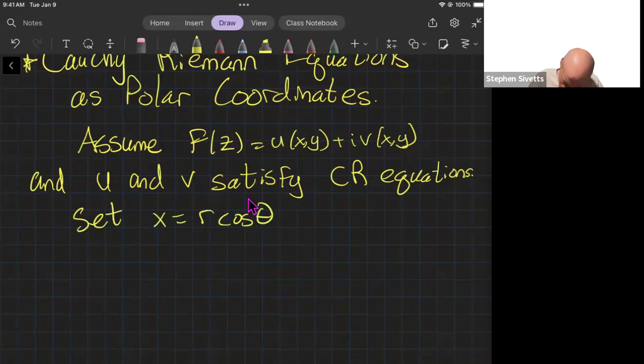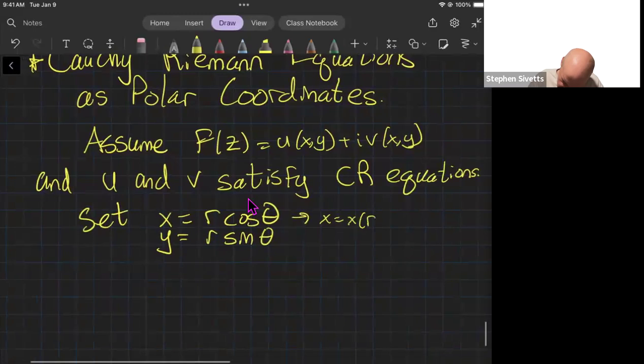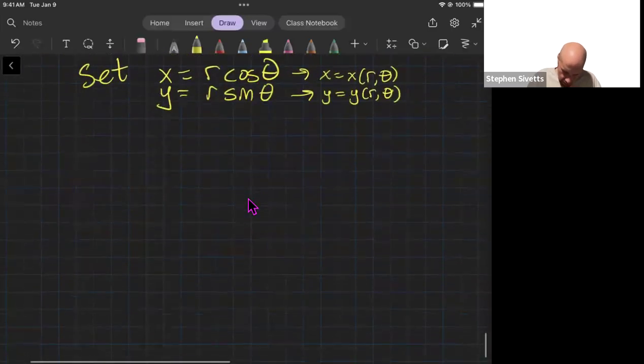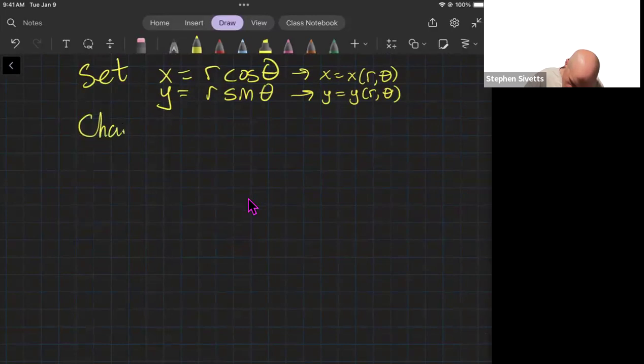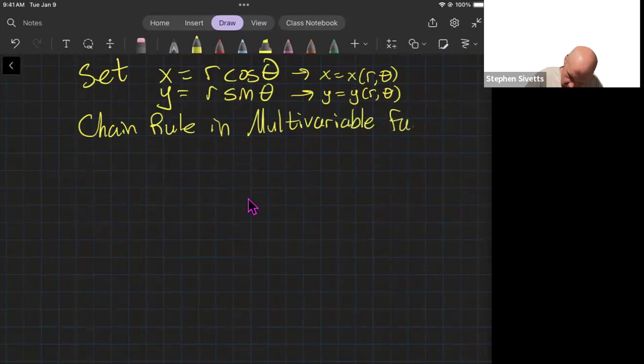That's how you figure out the x coordinate. The y coordinate is r times sine theta. So x is a function of r and theta, and y is also a function of r and theta. This will involve using the chain rule in multivariable functions.